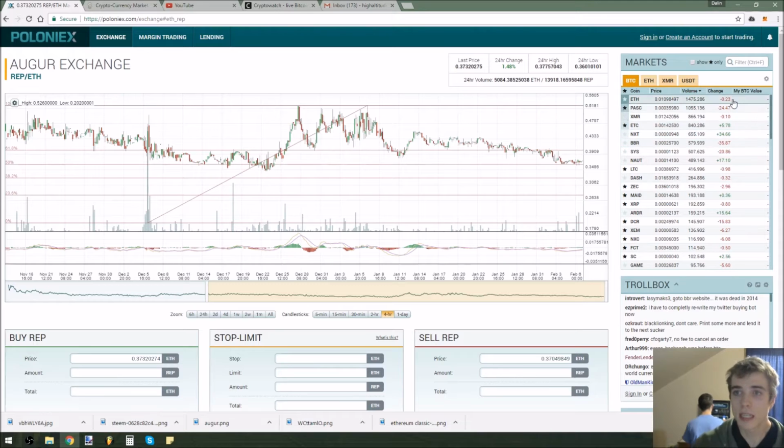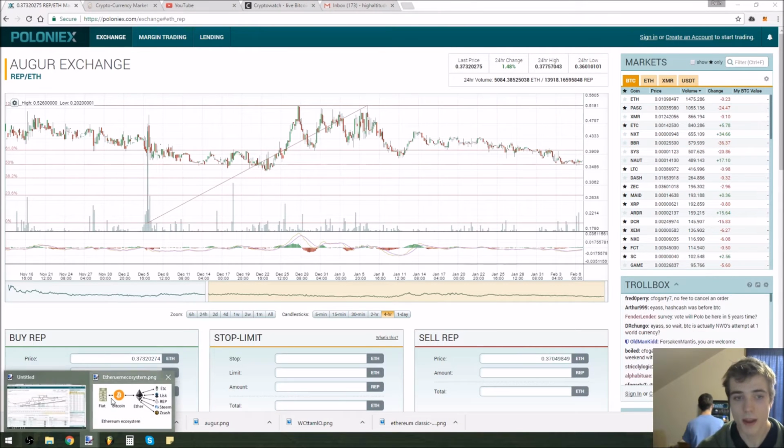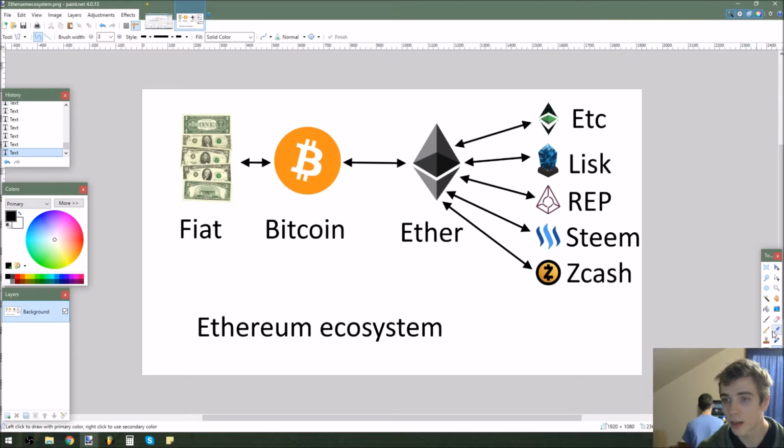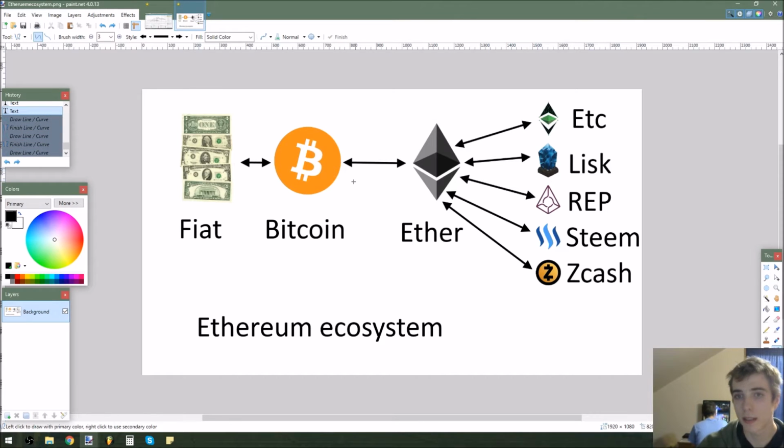Now, you want to keep in mind how much money is flowing in relation to Bitcoin too, because you have to remember that it can also go straight from Bitcoin into ETC, Lisk, Rep. So it can go from Bitcoin into all of the other ones too.